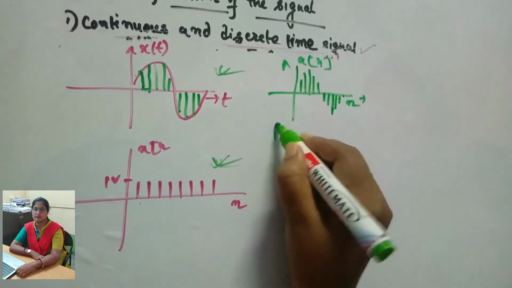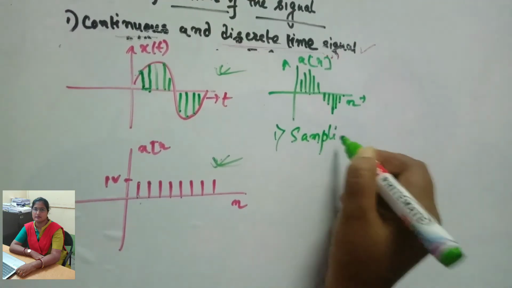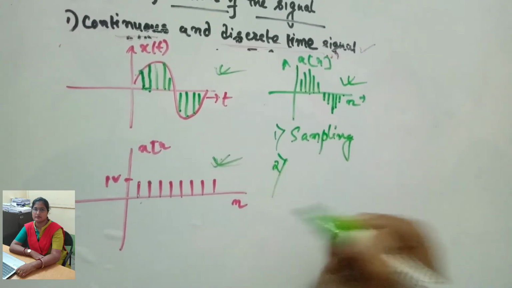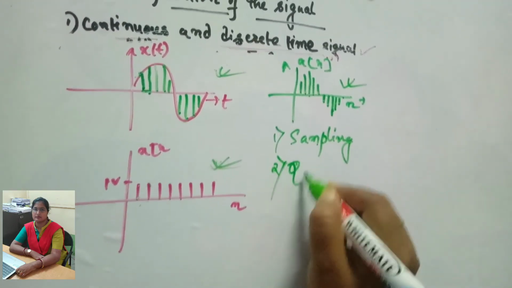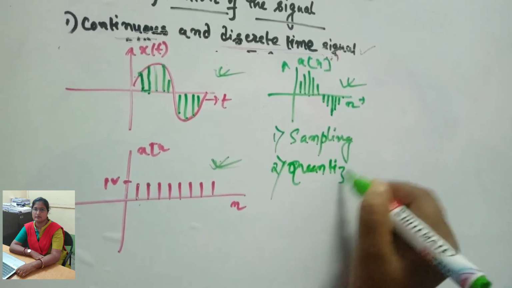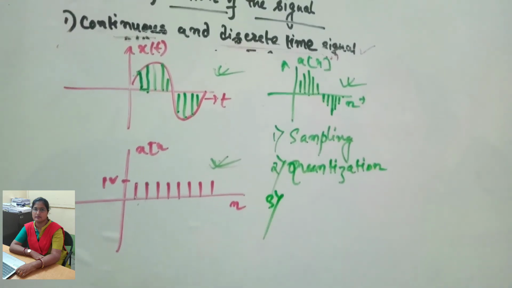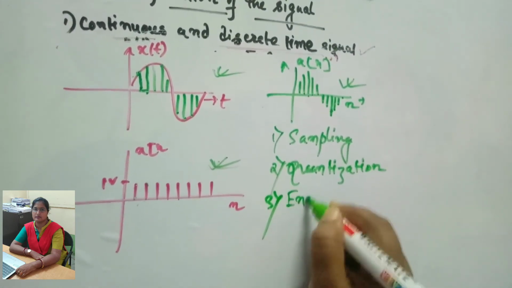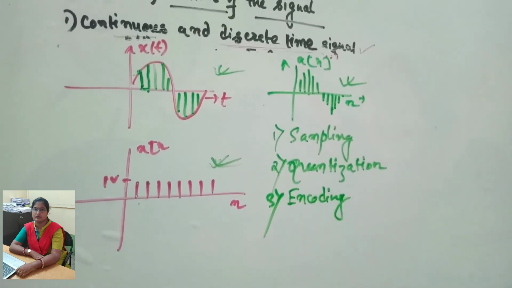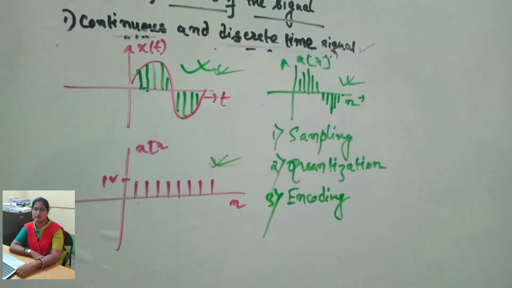The first one is sampling. The second is quantization. And the third is encoding, which is the last step for converting an analog signal into a digital signal.